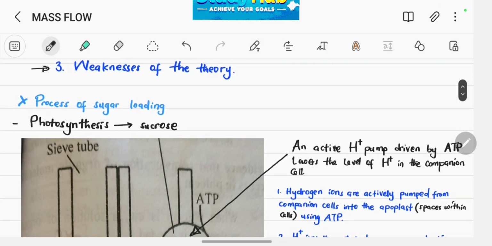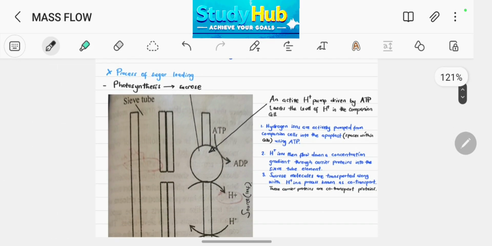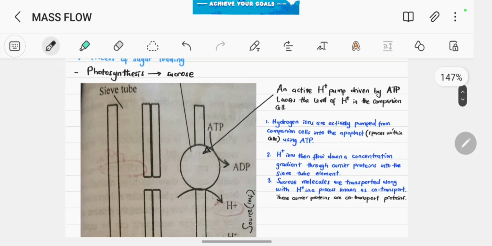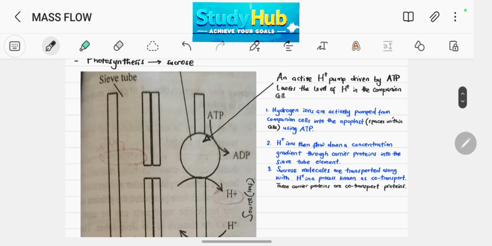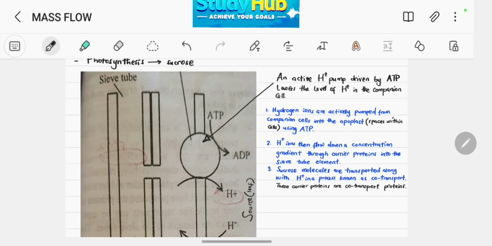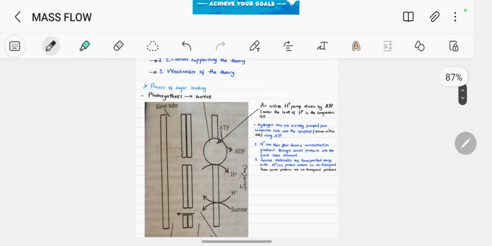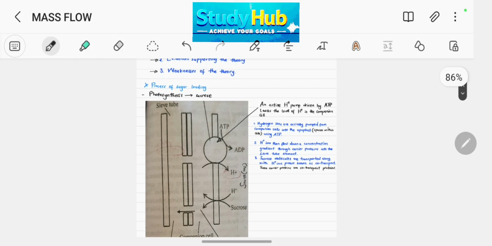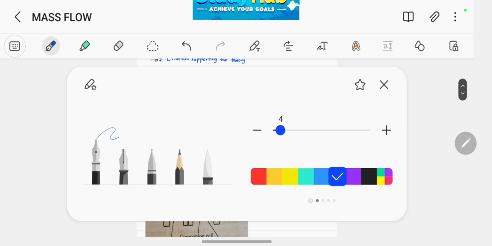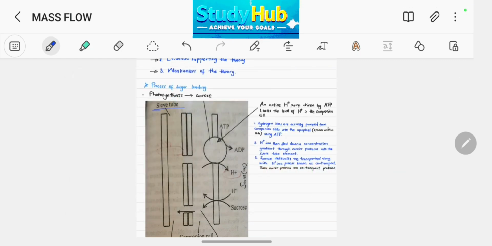So under this, I have my illustrations here to guide us. From this we are saying that we have the sieve tube.